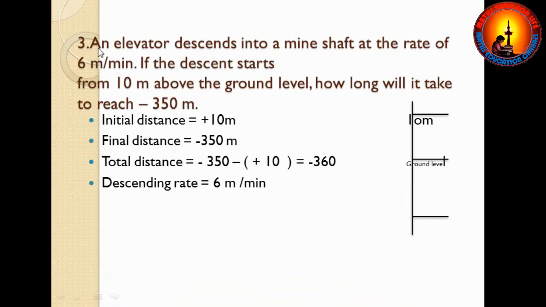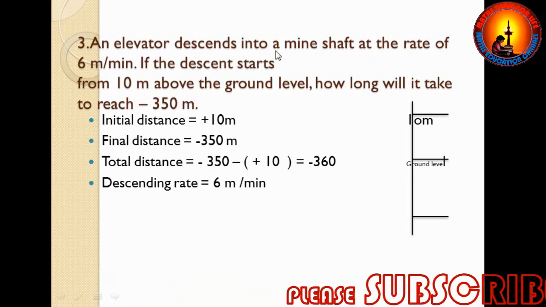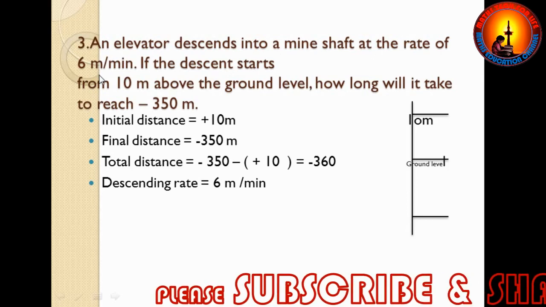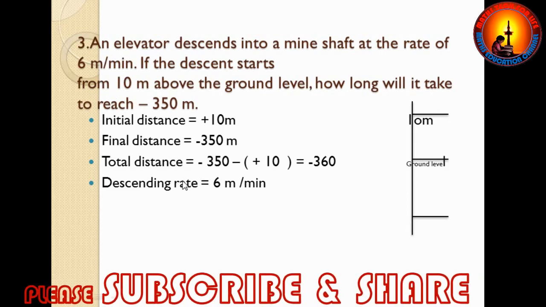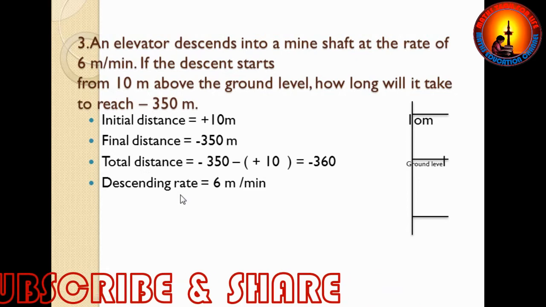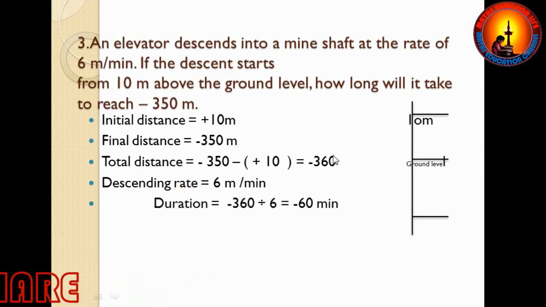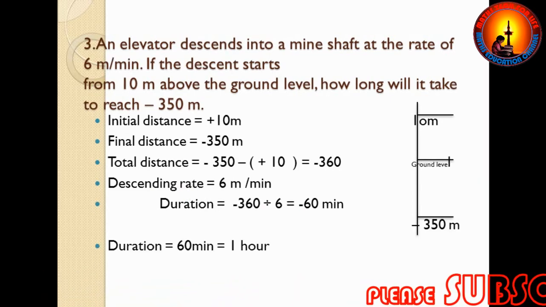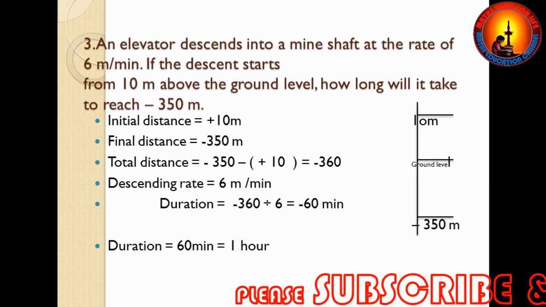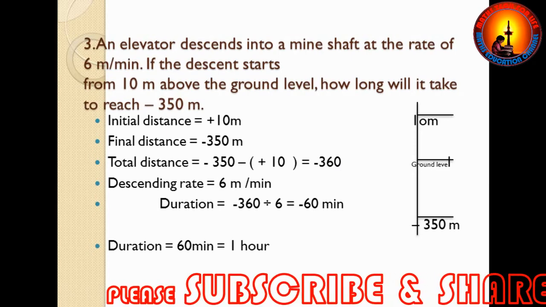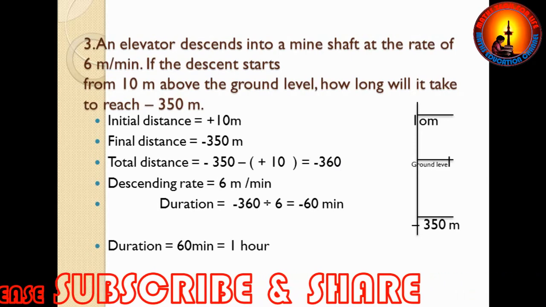Now in the question we already know the rate is 6 meters per minute. So the descending rate is 6 meters per minute. So for finding the duration, we have to divide negative 360 by 6, that is negative 360 divided by 6 is equal to negative 60 minutes.